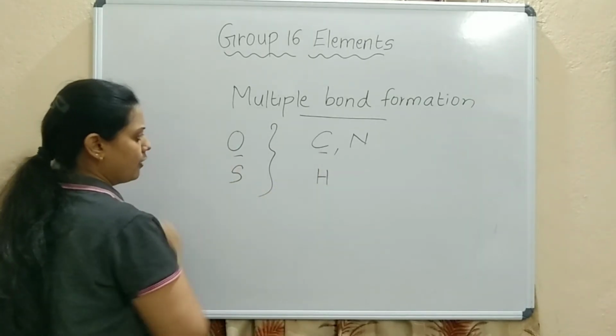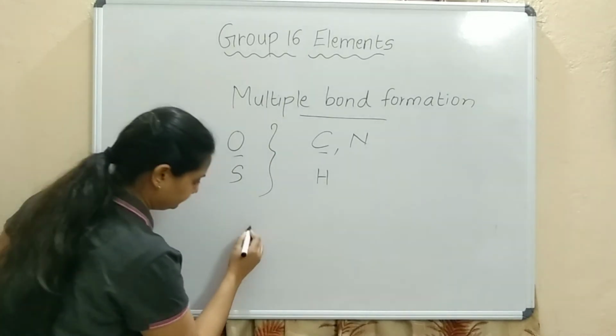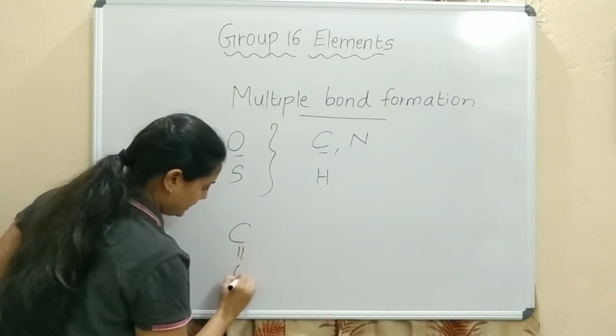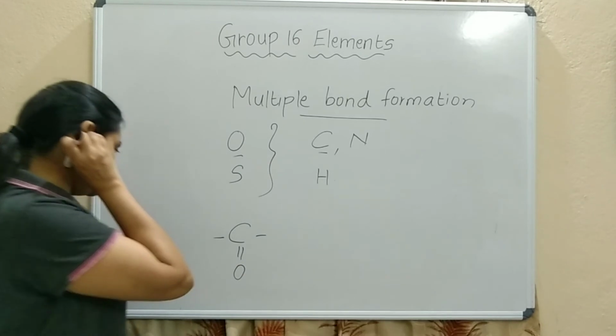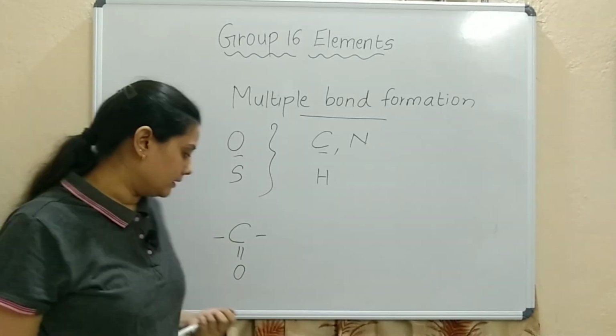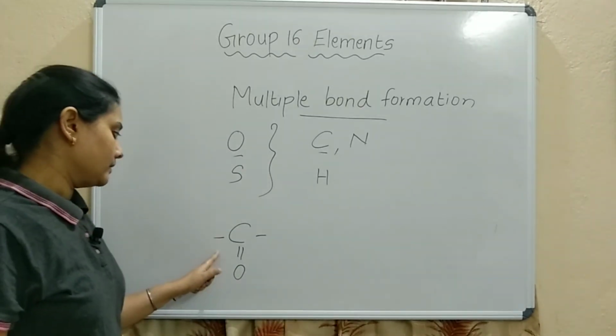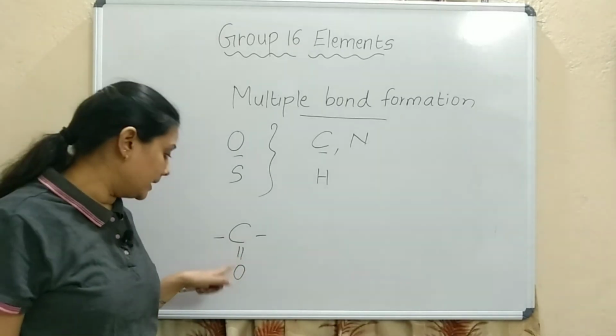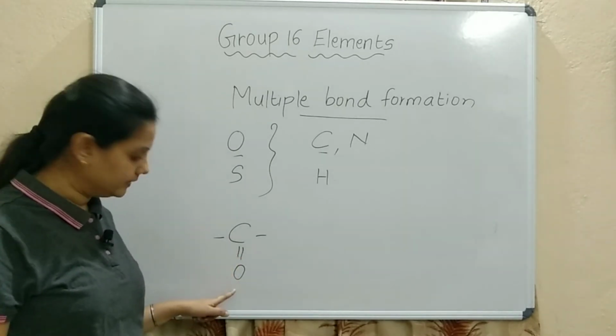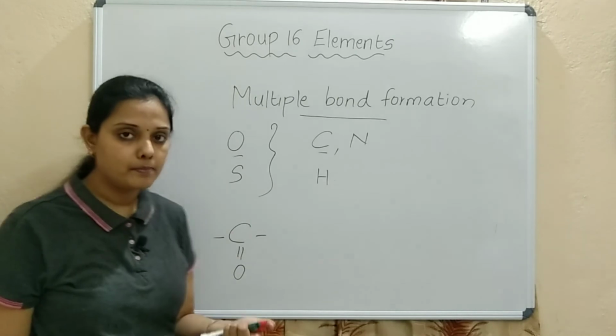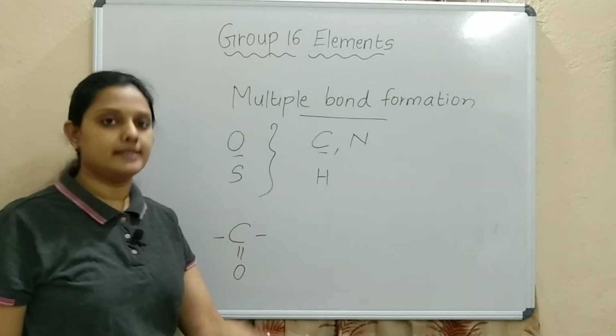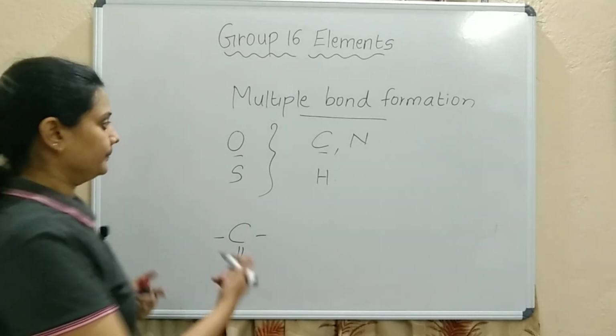So carbon can form with oxygen, that we have seen in organic chemistry. I will put up the videos for that also. Carbon can form a double bond with oxygen in case of carbonyl compounds like aldehydes, ketones, correct.